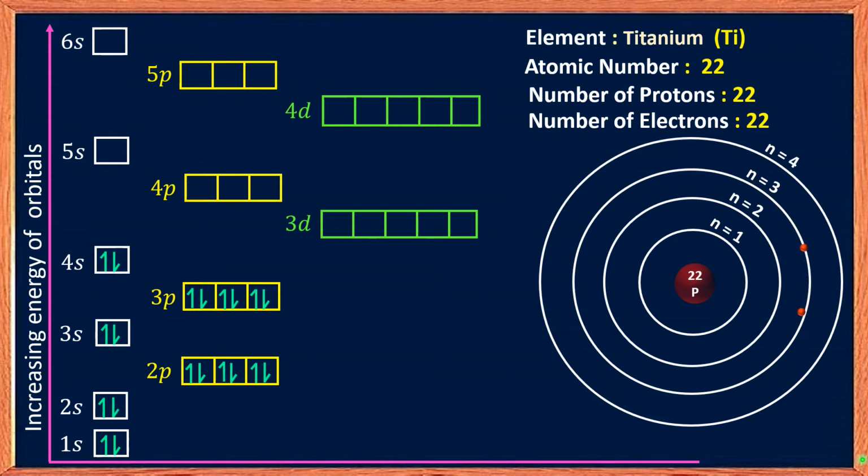Next, we have already seen the 21st electron enter one of the empty 3d orbitals, and the differentiating electron, the last electron, is the 22nd electron. It occupies the other empty 3d orbital.